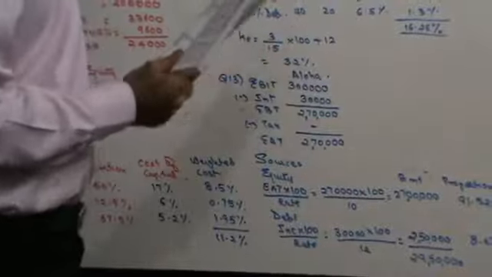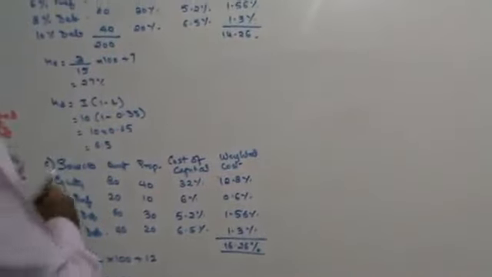Let's see illustration 14. A company is considering raising funds of 4 lakhs and it has one of two alternatives: either going for a 16% institutional term loan or 13% non-convertible debentures.